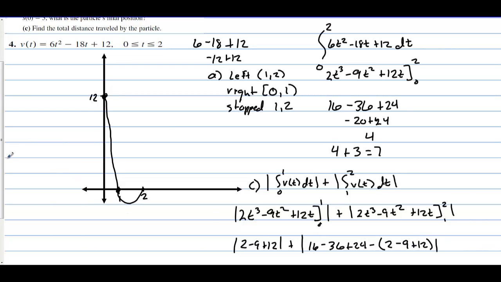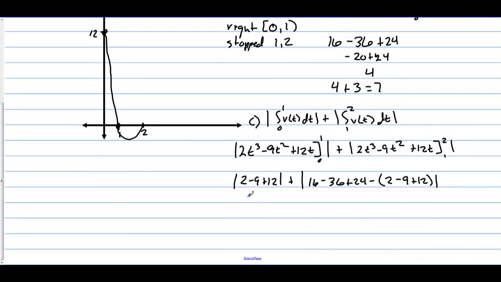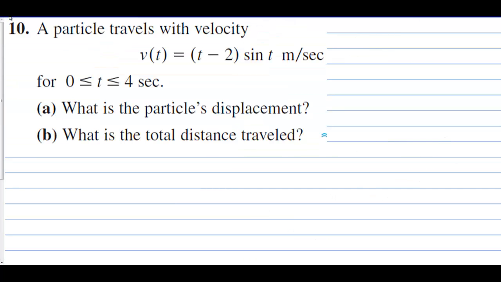And we'll make sure we take the absolute value of that. -7 plus 12, that is 19, plus, we have -20 plus 24 is 4, and then minus -7, we have -7, plus 12, that's 19, and that is -15, but we're adding 15, and that is 34.